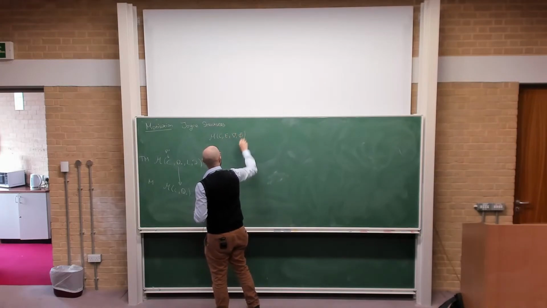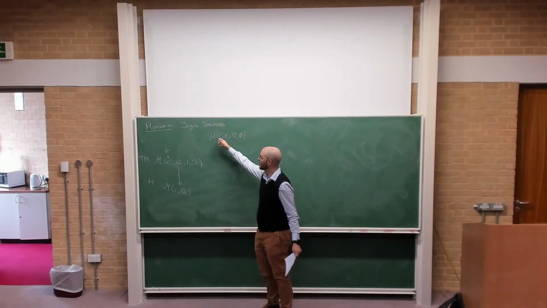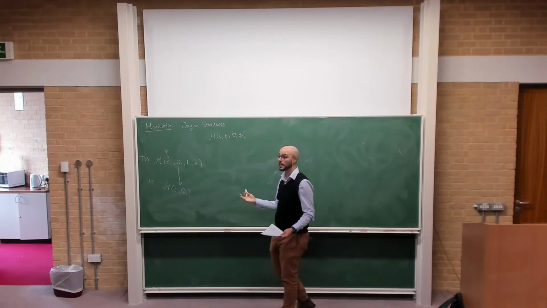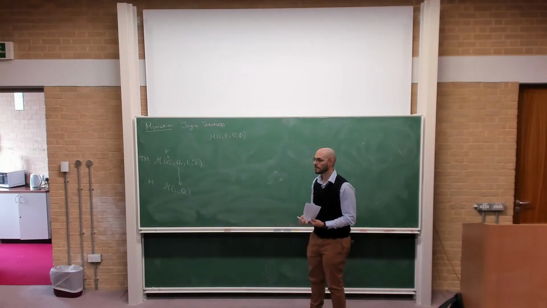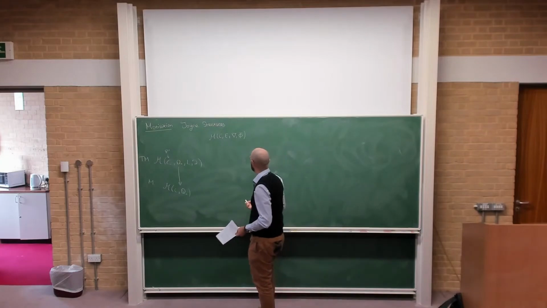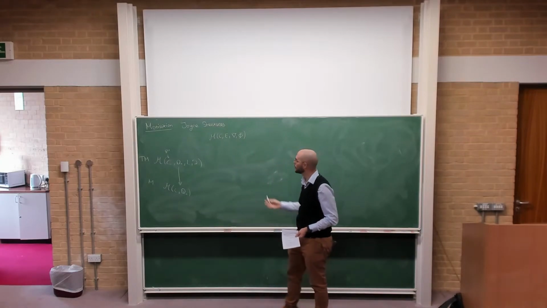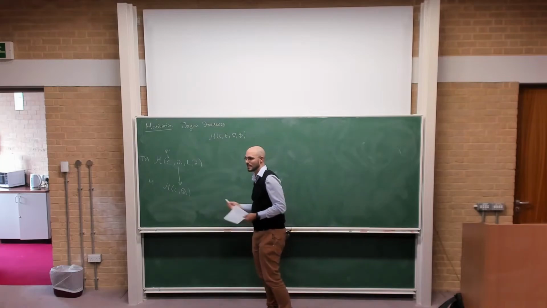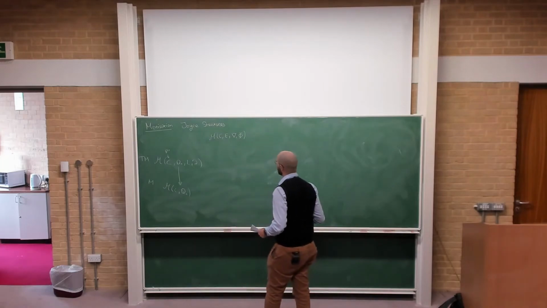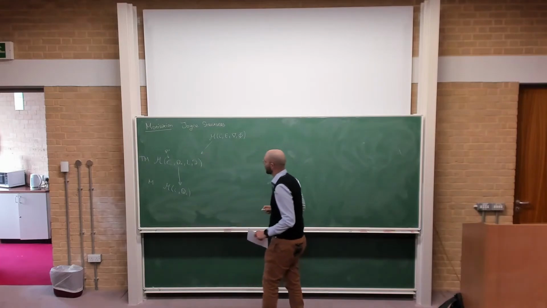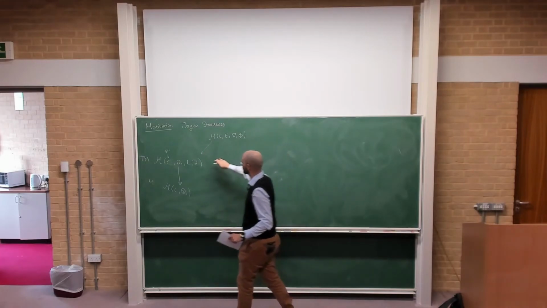Again, you have a curve, you have a vector bundle with a connection, and what is called a Higgs field. Now, for this talk, essentially, a Higgs field is a matrix-valued one form on C, a meromorphic one form on C. And there is a map from this space to this space.